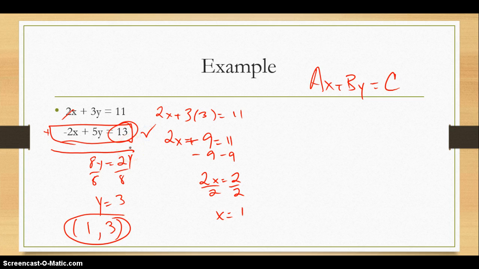So it checks out. Again, step one, add down, it canceled out one of the variables. Then solve for that remaining variable, and then plug your solution into one of the original equations. And always check your work.